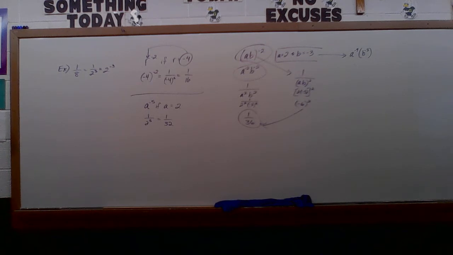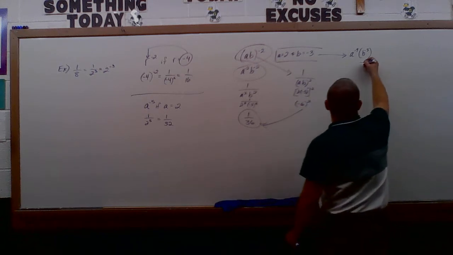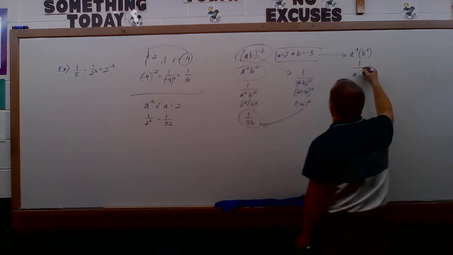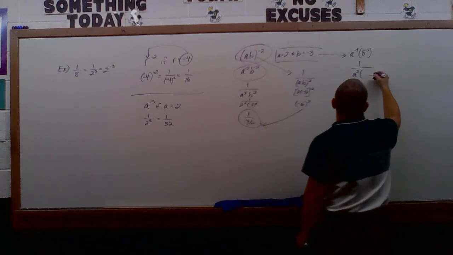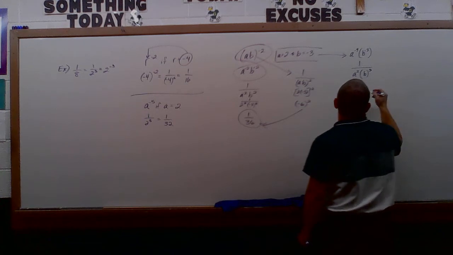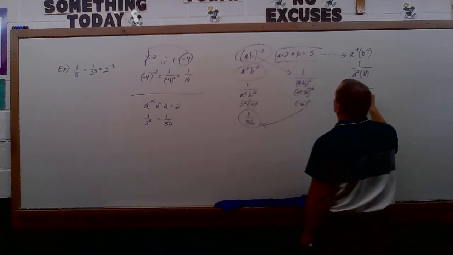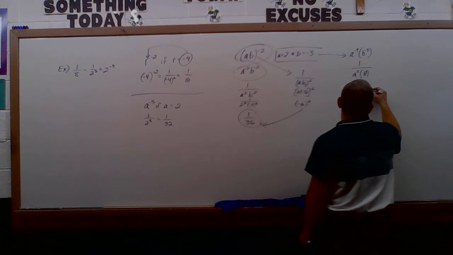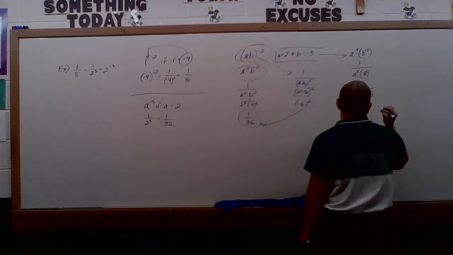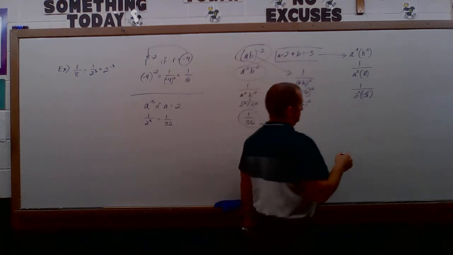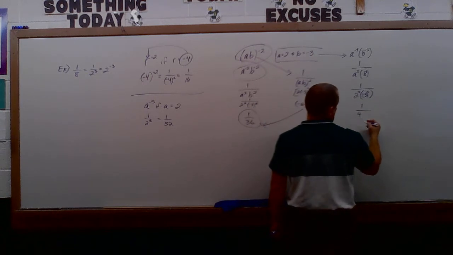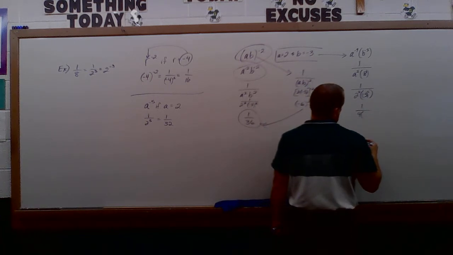So on the bottom, this is going to be a big number, isn't it? Is that supposed to be 2 to the 4?